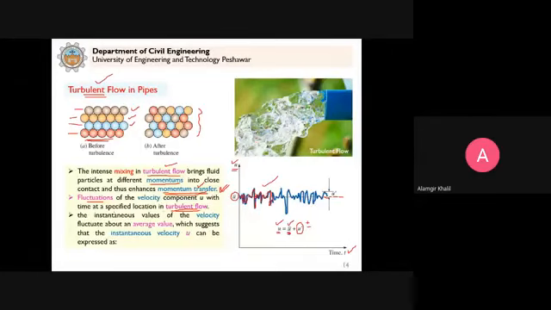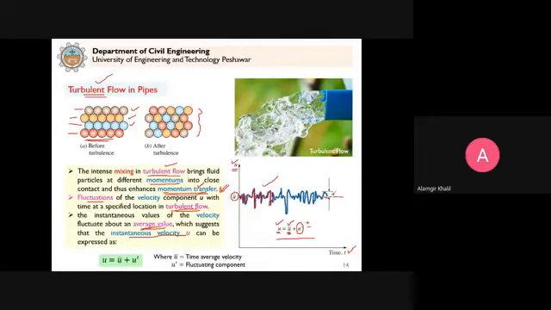So the instantaneous velocity fluctuates about an average value. You can see here this horizontal line is the time average. The instantaneous velocity fluctuates about this, which suggests that instantaneous velocity u can be expressed by this equation that I already explained.